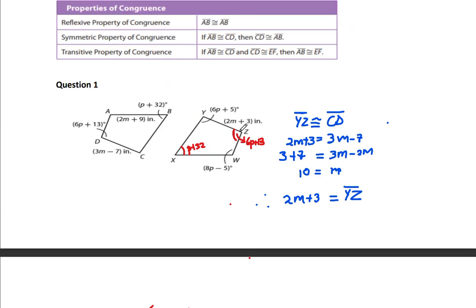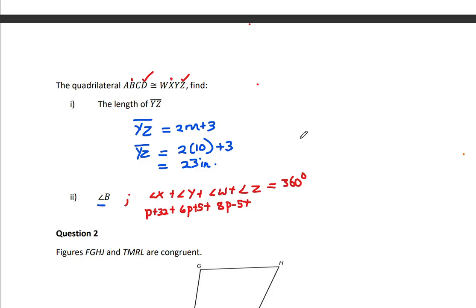And angle Z is 6P plus 13, so we insert 6P plus 13 here. And all of this should add to a value of 360 degrees.